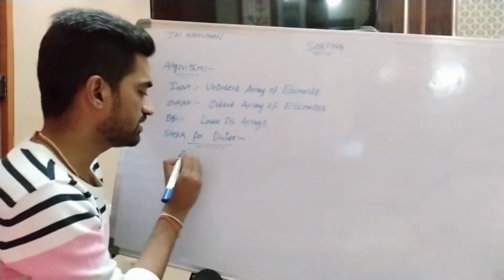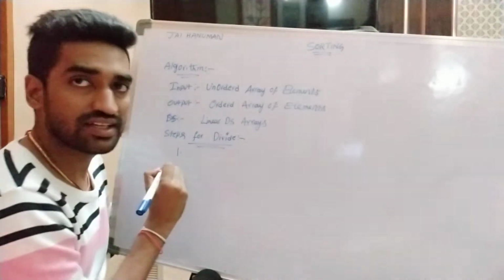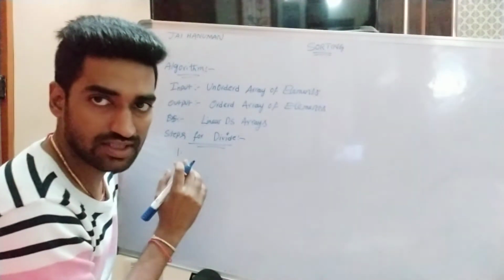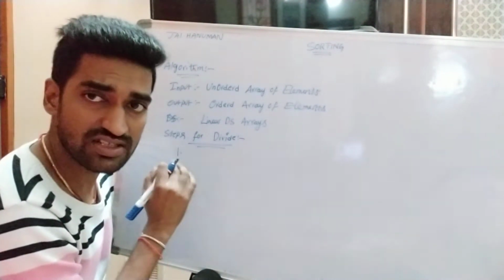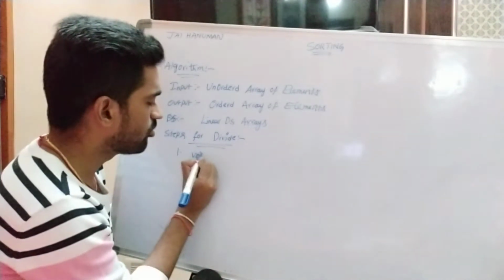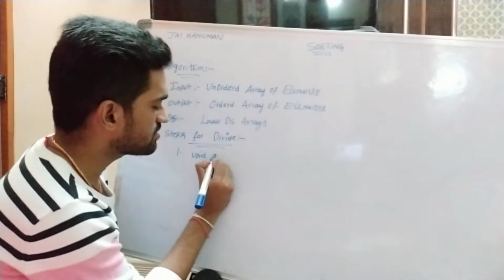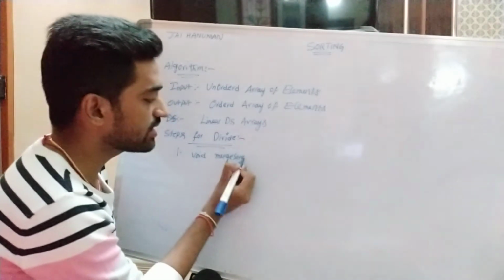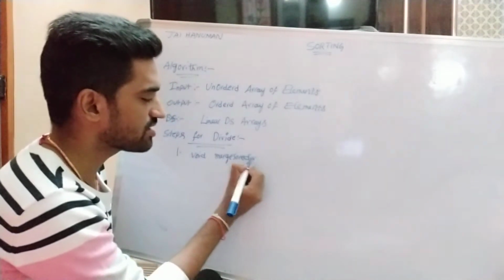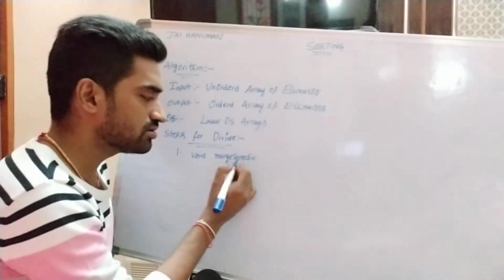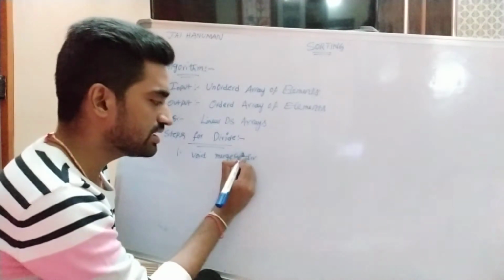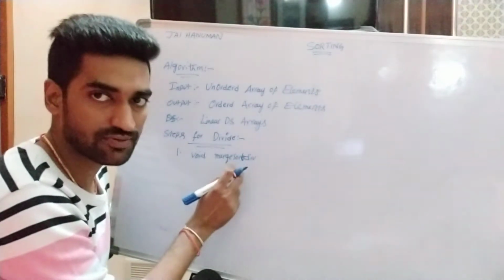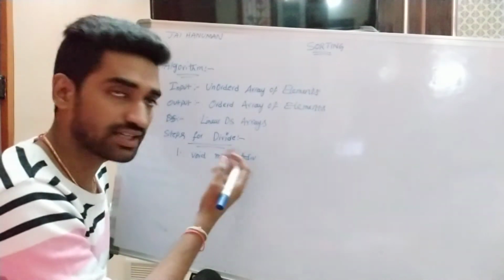First of all, I am creating one function, represented with a function definition. Here I am creating void, and the function name is mergesort. Since I am dividing all the elements, I have named it mergesort div. You can write any name, because this is our user-defined function, created by the user.